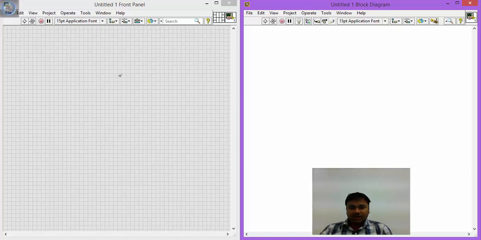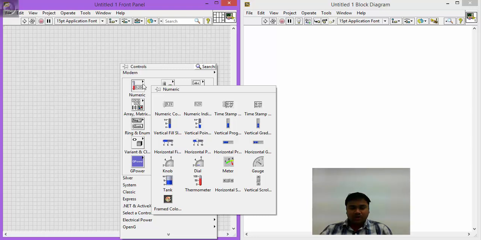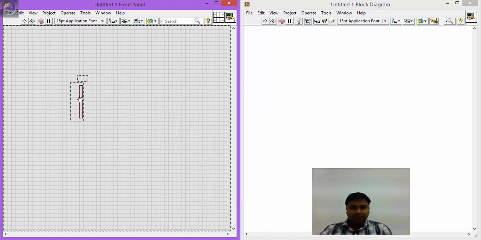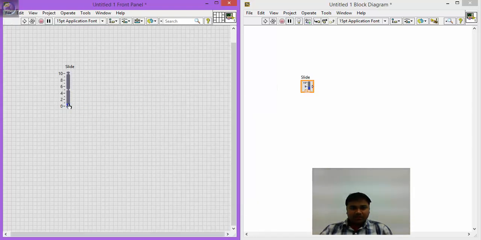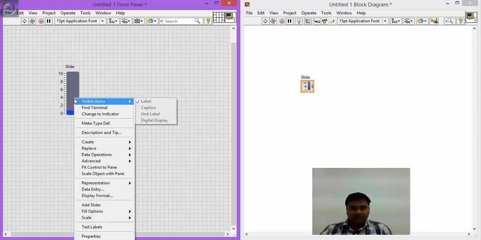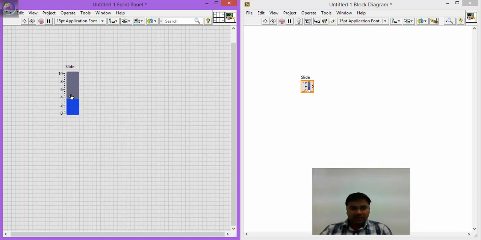For this, let's go to right click, numeric, and you take a vertical slide. In this vertical slide, you take it as a control, and whenever you change this one, automatically the pressure changes.